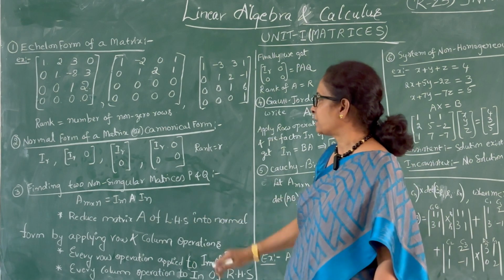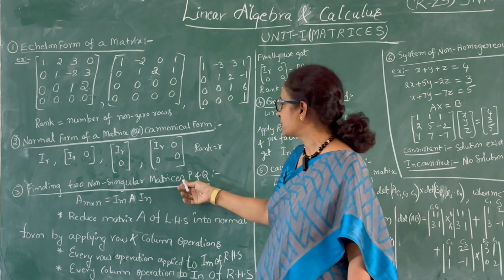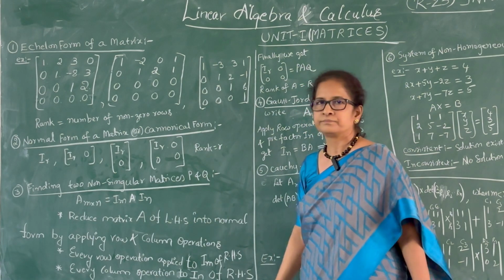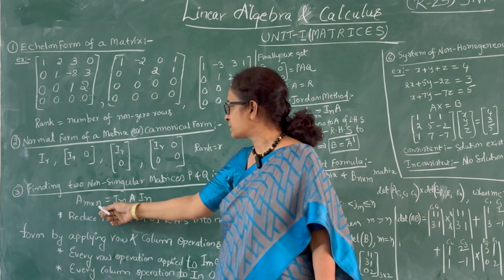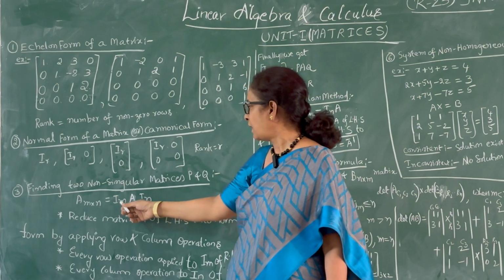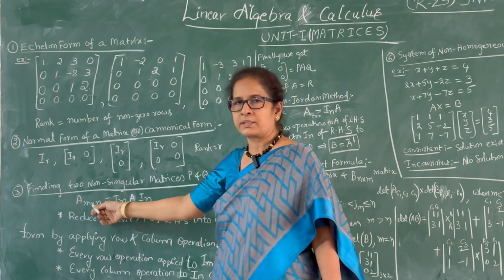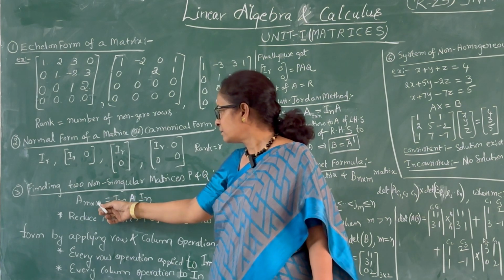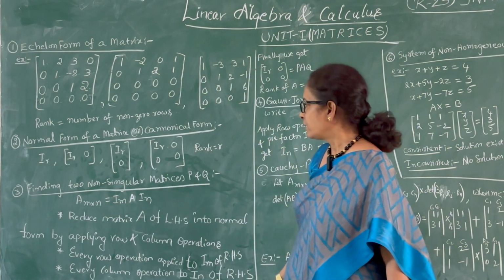The third topic, finding two non-singular matrices P and Q. For example, if we have an m by n matrix A, we write I_m A I_n. If we have a square matrix n by n, then we write I_n A I_n.